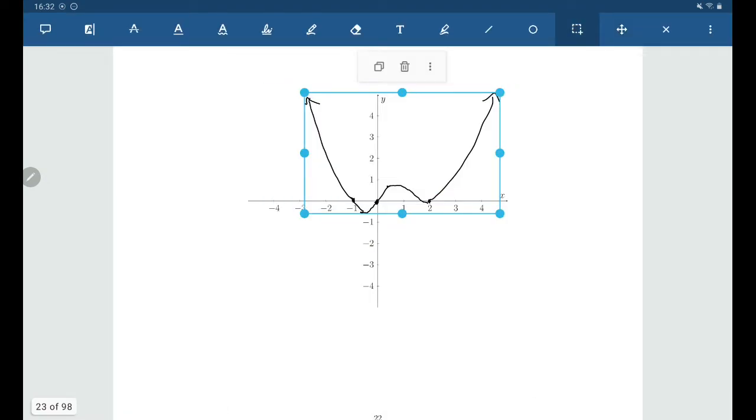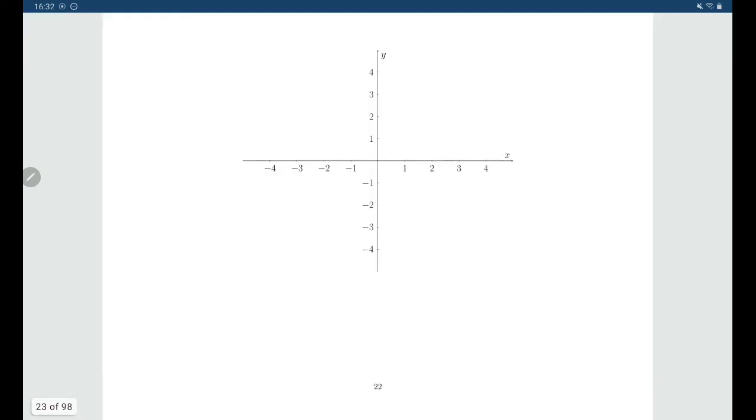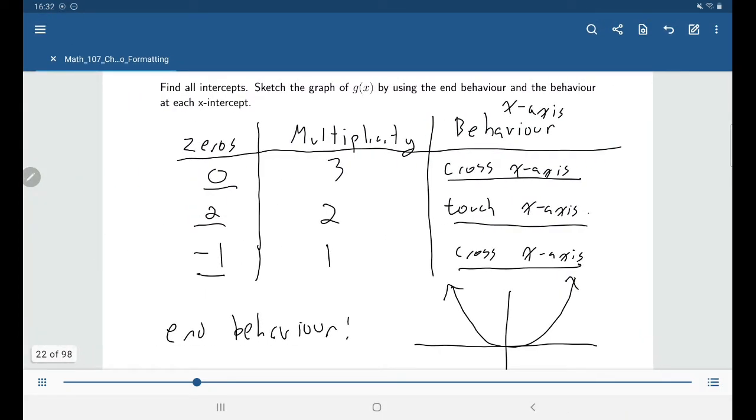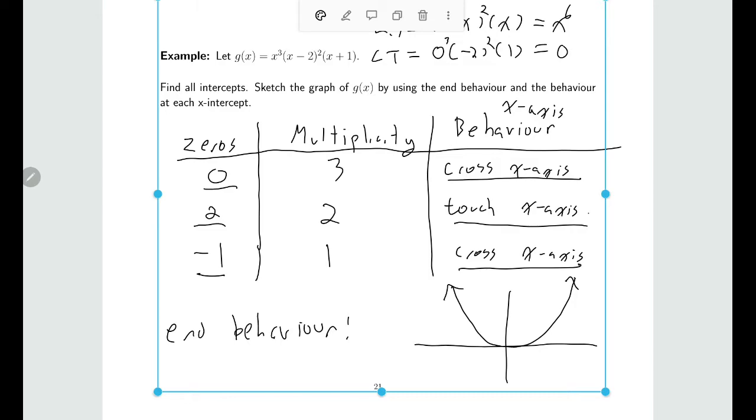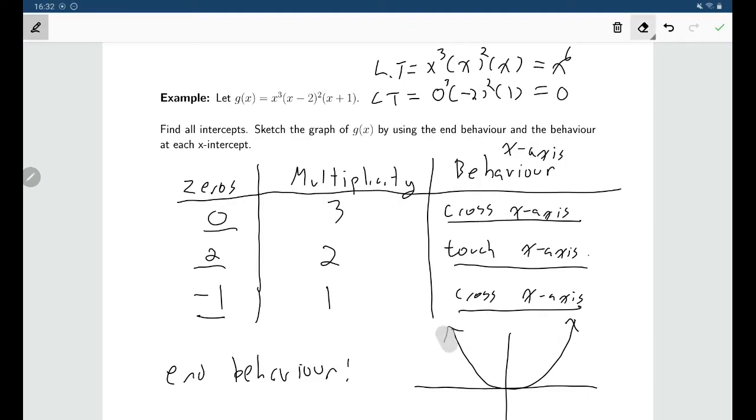Let's pretend that when I graphed, I had the wrong end behavior. So let's pretend that I thought my end behavior should have been something like this.